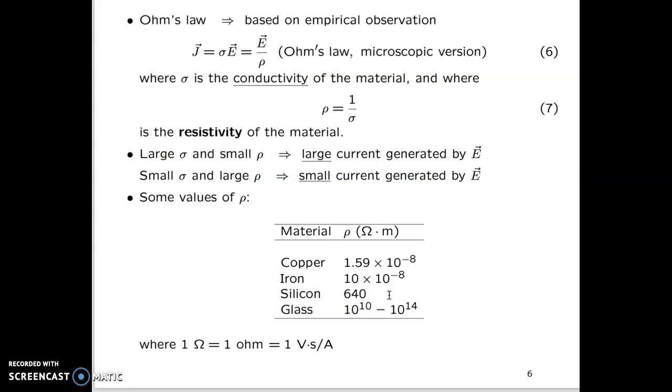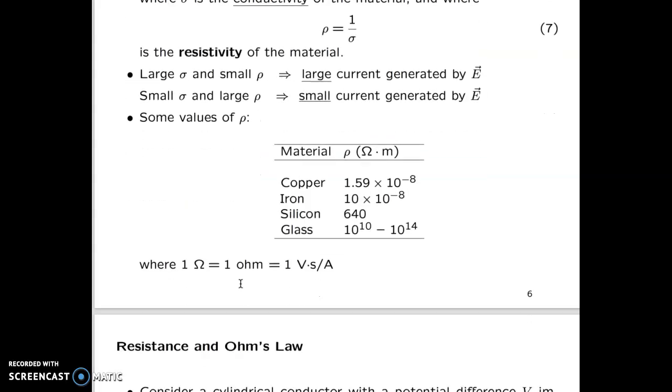It has resistivity which is orders of magnitude, many factors of 10 larger than that for copper or iron. And then when you get to something like glass, it's many orders of magnitude larger still. Glass is classified as an insulator as opposed to a conductor. Okay, so there's what you need to know about conductivity and resistivity.